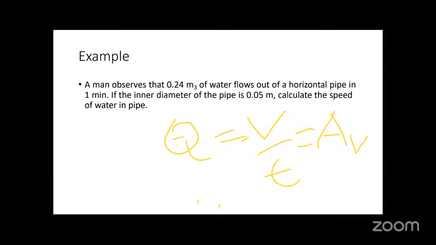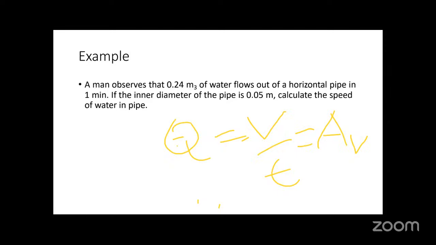And then the time is given in minutes. We can convert the time to seconds, that is 60 seconds. And we are given diameter, so we can find the area using the diameter. Pi d square over 4 will give us our area.